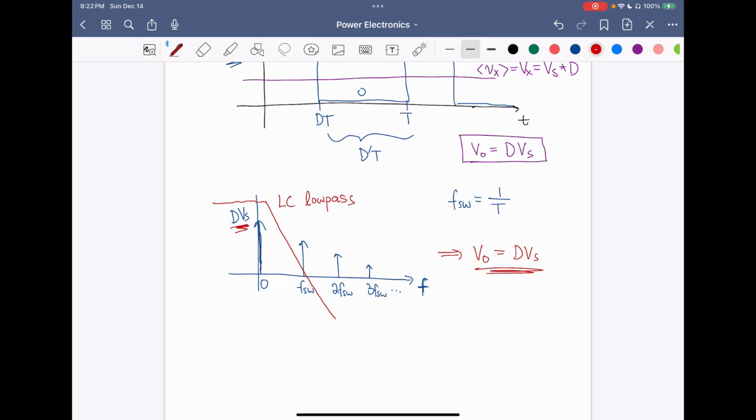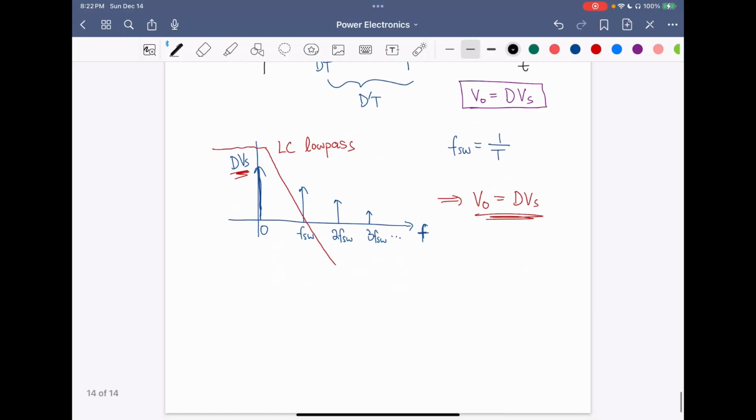Now I'm going to go through another way of analyzing the buck converter, and that's by specifically examining the inductor voltage. This analysis method is going to be very useful later on for analyzing other switch mode converters. There are several assumptions that are essential to the analysis.